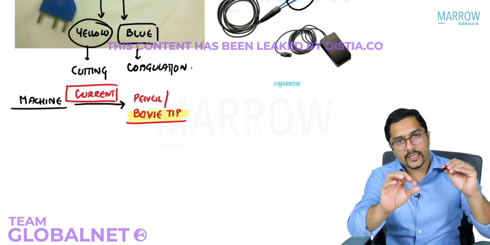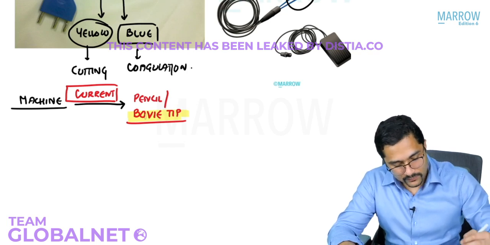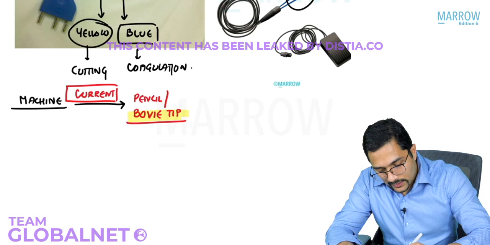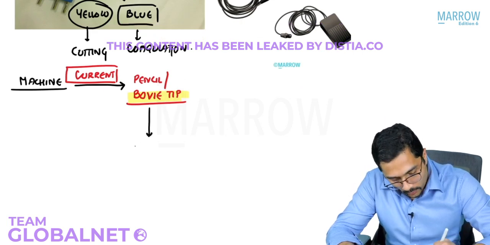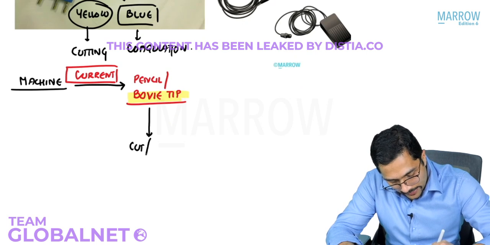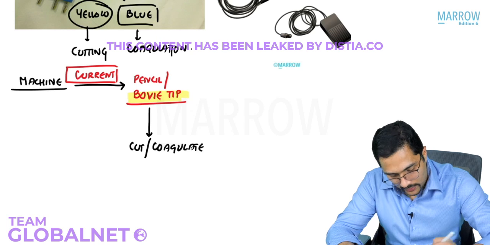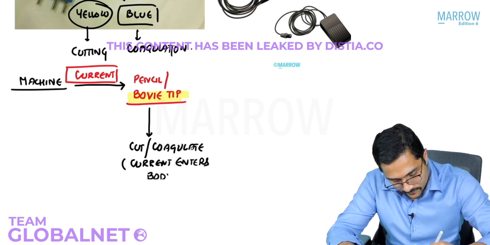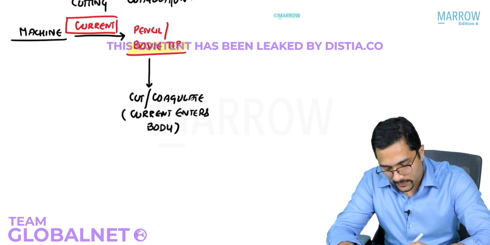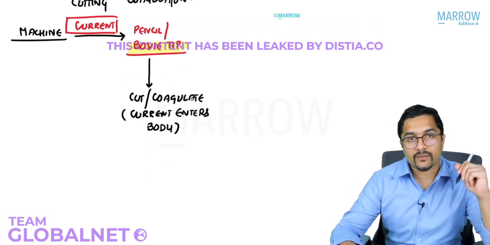Now, the surgeon is going to use this current and place it on the body and would either cut or coagulate, and with this the current enters the body. Right, so when the current enters the body, that is when cutting or coagulation will happen.